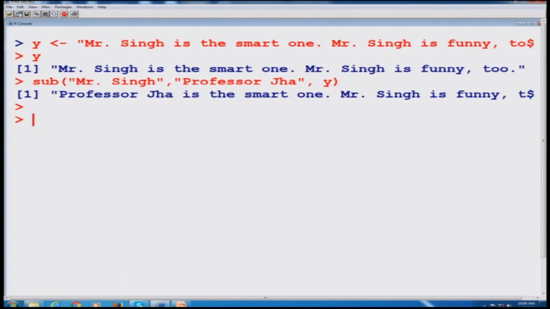This is happening. So, you can see here that Mr. Singh, which was in Y, is being replaced by Professor Jha, but this is occurring at the first instance. Mr. Singh name, which was occurring at the second place in Y, is not changed, but remained as such. Right. Okay.